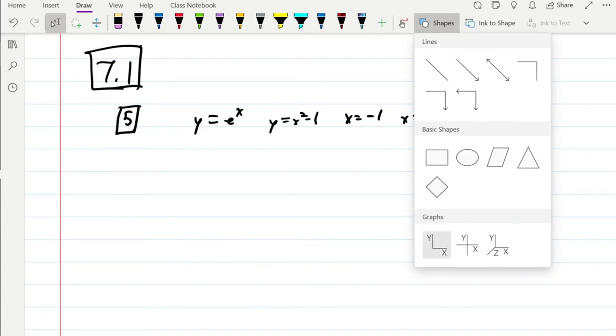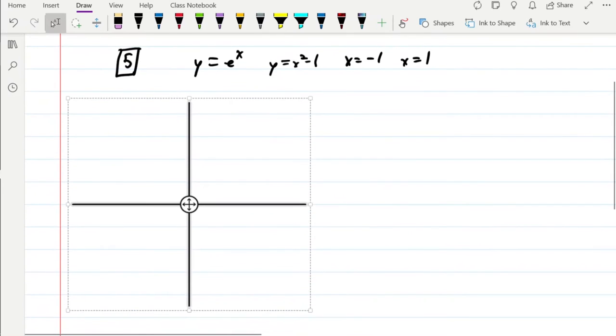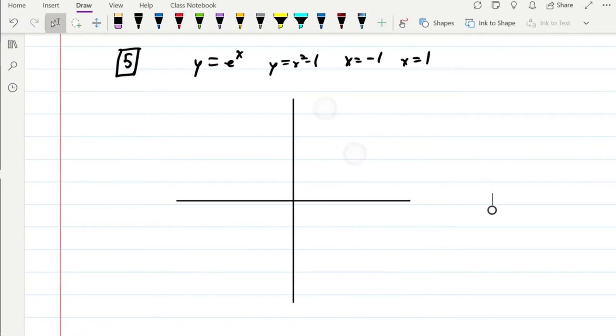Okay, so let's get a chart here and add some of the lines. We have the bounds x equals -1 and x equals 1.